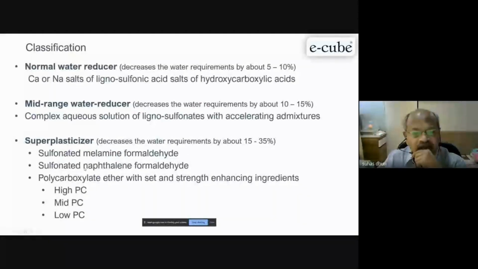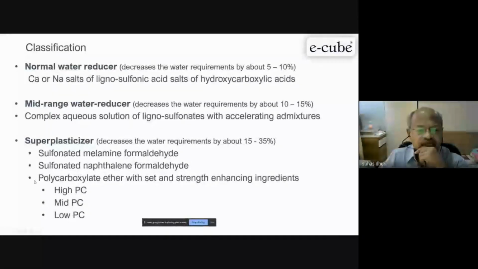Then we have sulfonated naphthalene formaldehyde, commonly called SNF, which is a popular admixture. And if we have a lower content of water, we can go with lignosulfonic acids.